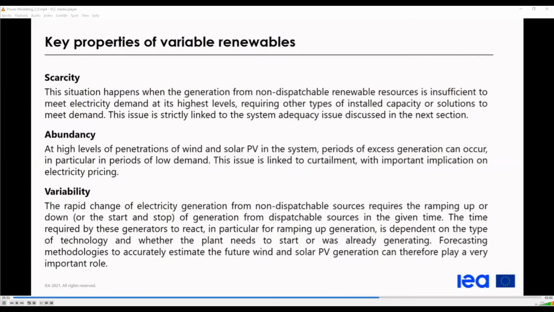We saw an example earlier with the European Union. Then the third category, variability, is the extent and the speed of the change of the outputs. For instance, the speed at which solar PV ramps up for the noon peak and ramps down when the evening comes, that needs to be compensated by other means of production.